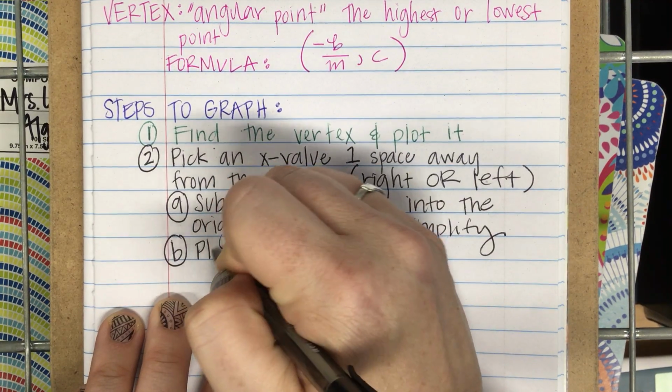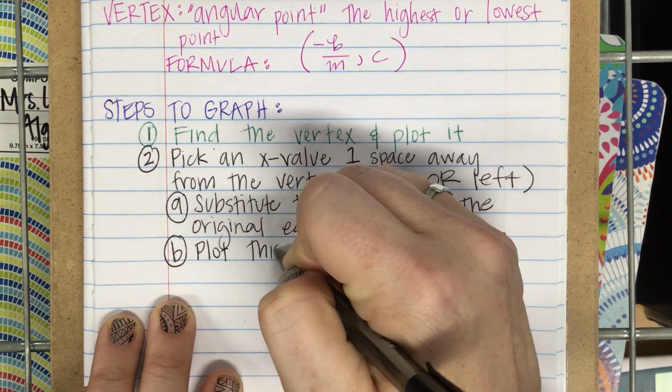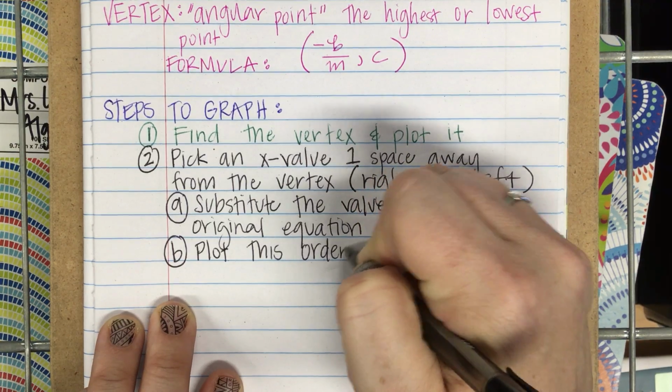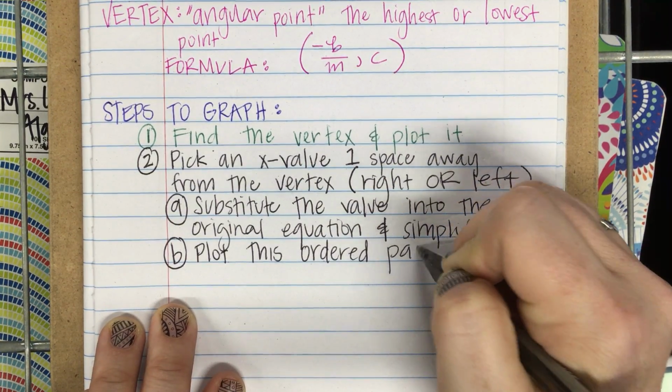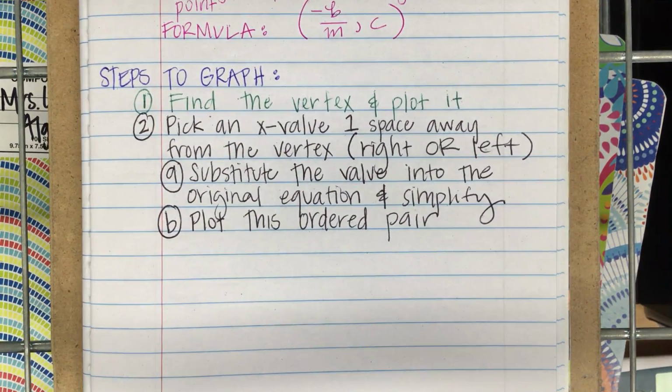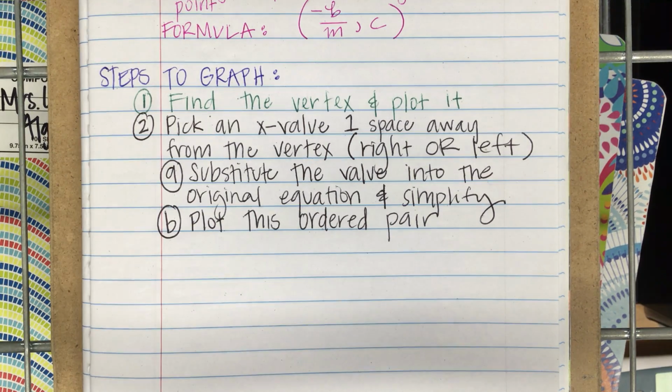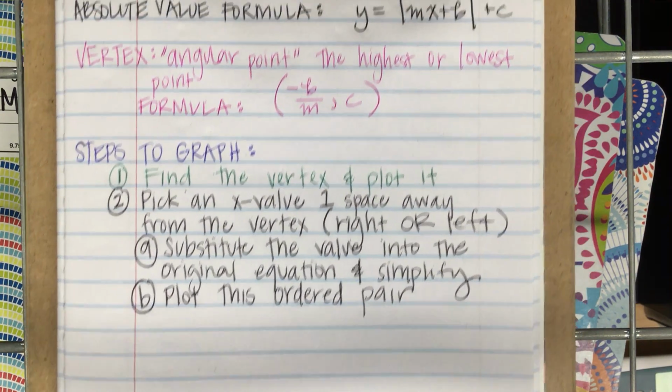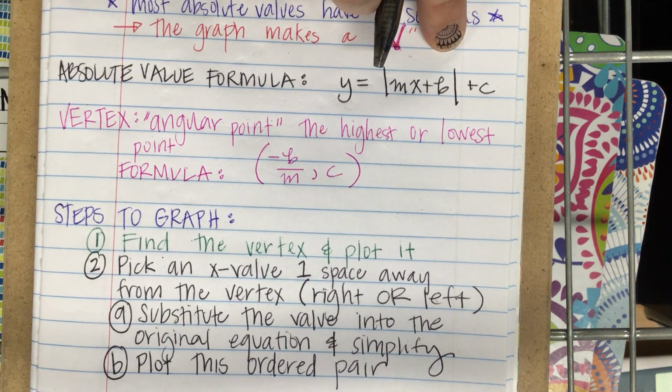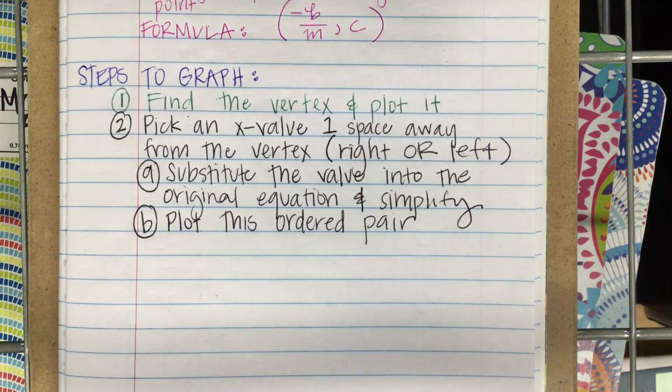You're going to plot this ordered pair. Because if I put an x value into my equation, remember my equation was up here? If I put an x value into my equation, what do I get out?